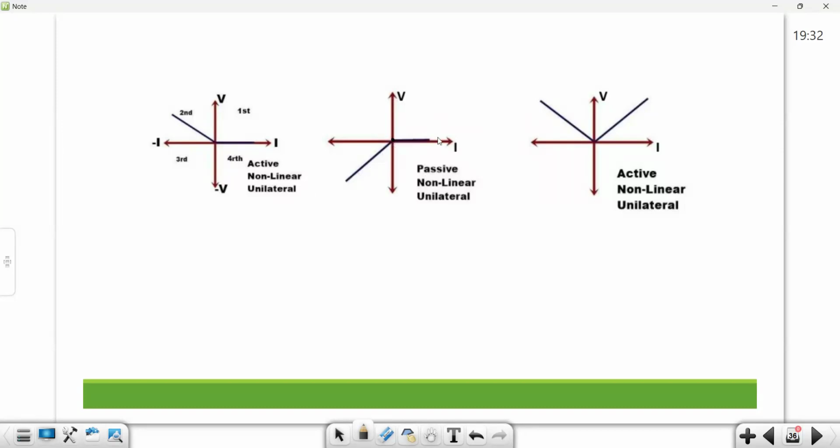Third quadrant means it is a passive element, and it is non-linear and unilateral, because if you change the current direction, the characteristics change. Here you can tell this is also non-linear, unilateral and active. Why are we telling it is active, even though the characteristics lie in the first quadrant?